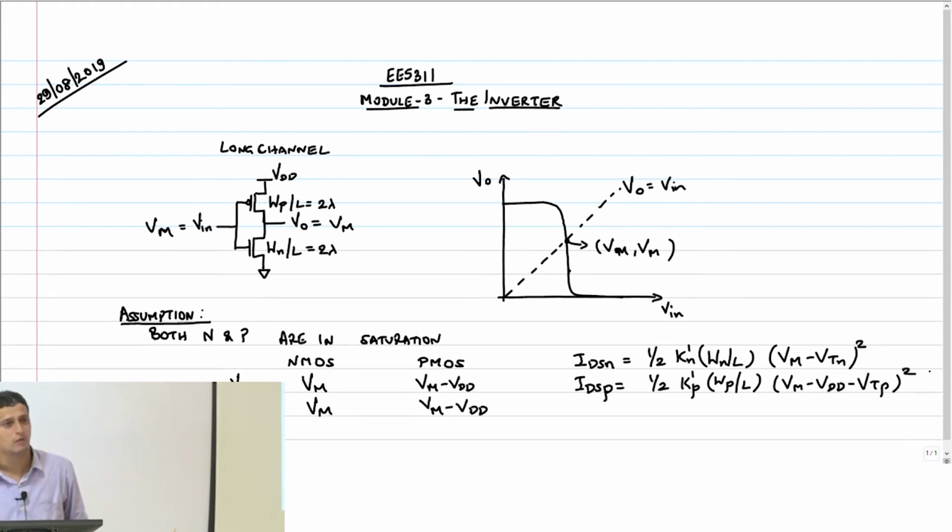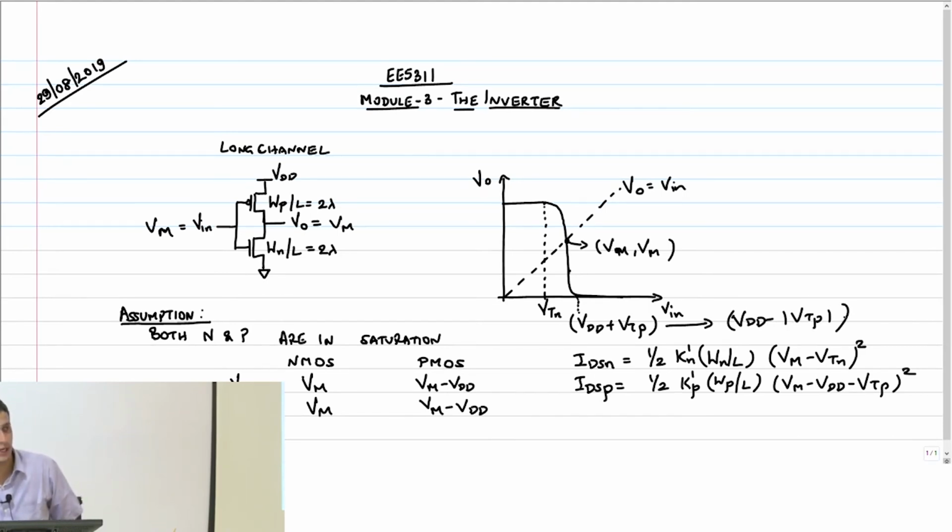Okay, on this curve, somewhere here is where Vtn is, somewhere here is Vdd plus Vtp, right? Or if you want me to be very careful and indicate that it's a negative value, I will say Vdd minus mod Vtp, just to show that it's a negative number there.